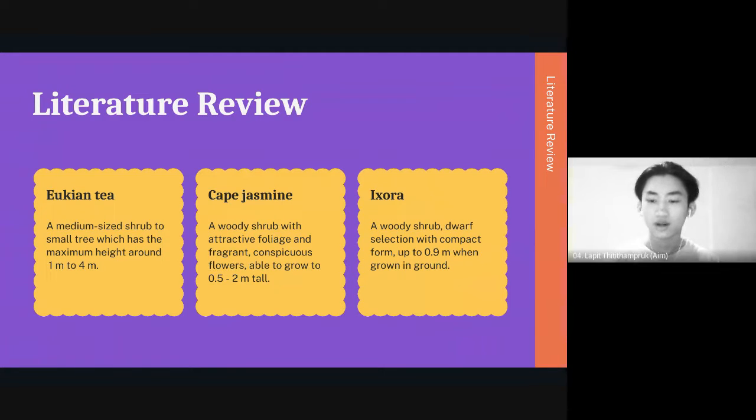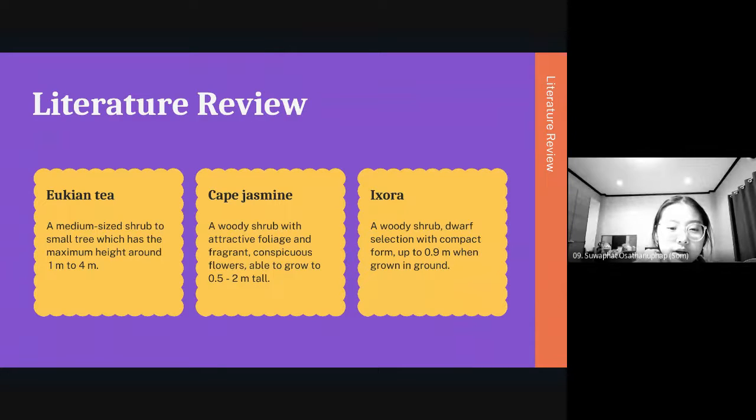The second shrub we are using is the Cape Jasmine, which is a woody shrub with attractive foliage and fragrant, conspicuous flowers, which is able to grow to 0.5 to 2 meters tall. And the last one is Ixora, a woody dwarf shrub selection with compact form up to 0.9 meters when grown in ground.